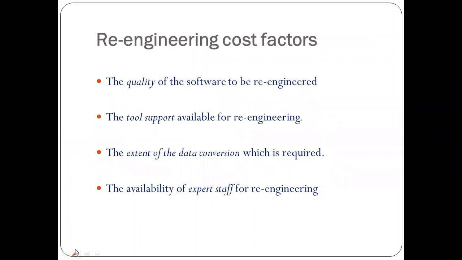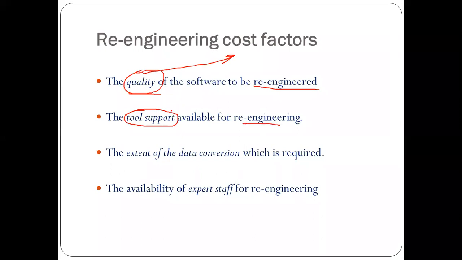So what are the cost factors of re-engineering? The quality of the software to be re-engineered is going to impact the cost. The tools which are available for re-engineering impact the cost again. The extent of data conversion: how much data needs to be converted, how much data and design need to be restructured, and how much re-implementation is to be done.